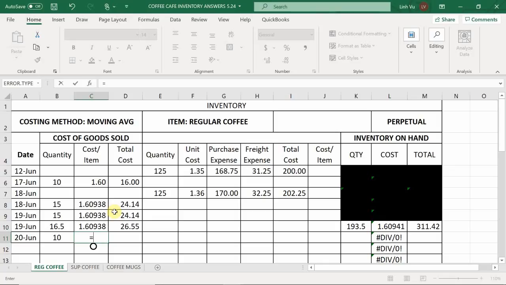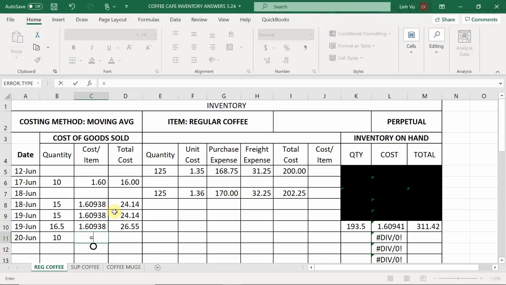The best way for me to teach you and for you to understand is by asking you these questions, because if I just explain and give you the answers, you're not going to learn from that. What method am I using to calculate the inventory? FIFO, LIFO, or moving average? Moving average.